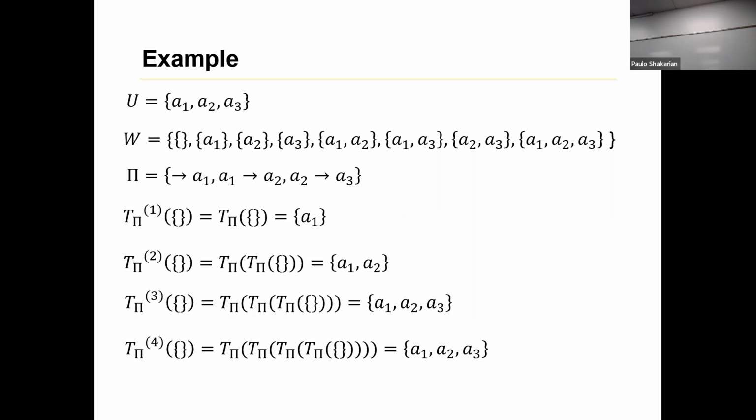What's nice about that is we can very easily show an argument that we can conclude all three of these starting with the empty set. Because the way this operator was written, you have to have a rule to conclude something.